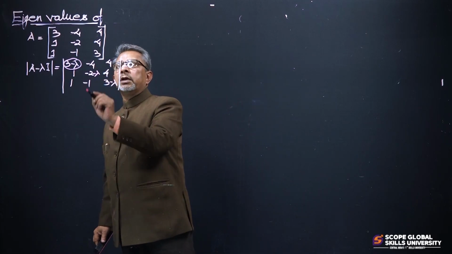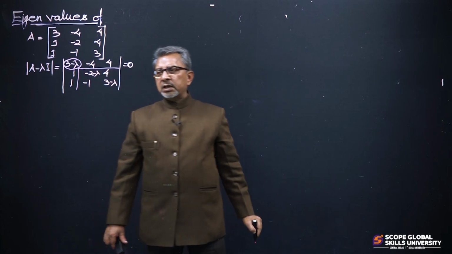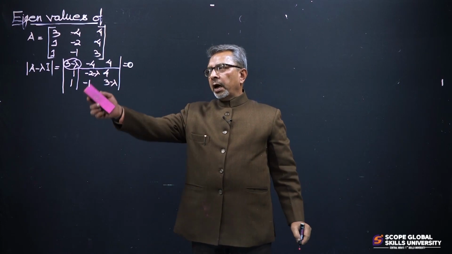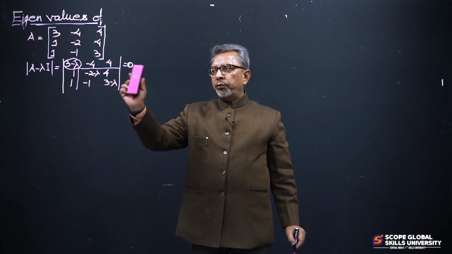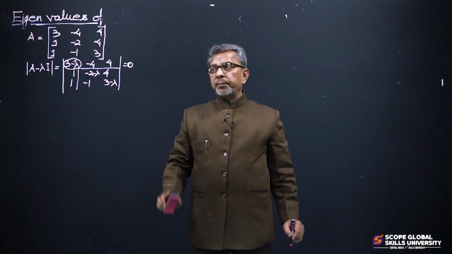With respect to this element 3 minus lambda, we will use this subdeterminant of minus 2 minus lambda and 4, and another row minus 1 and 3 minus lambda.